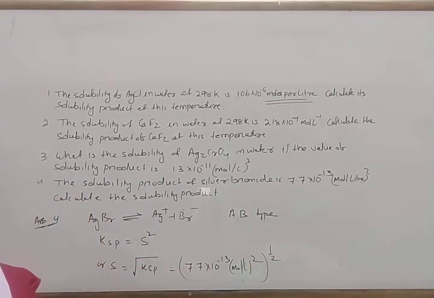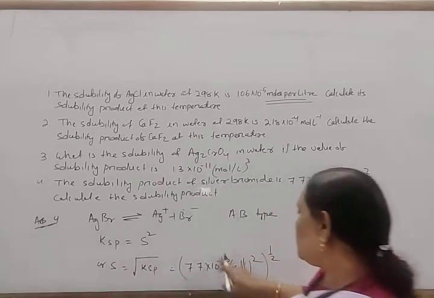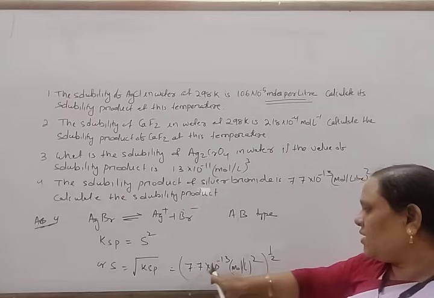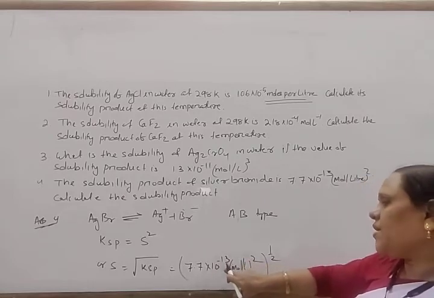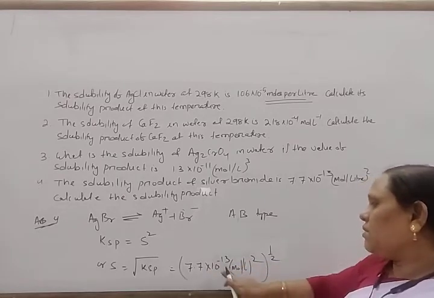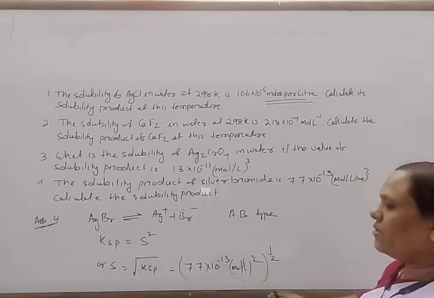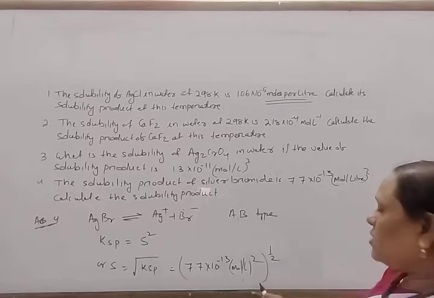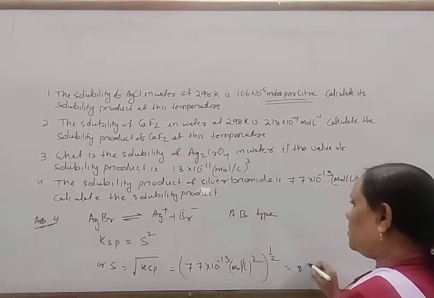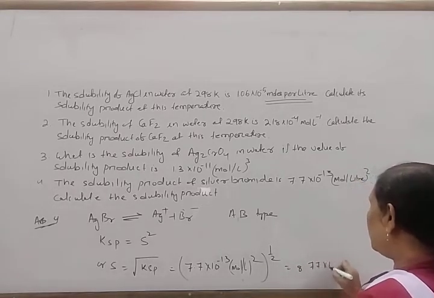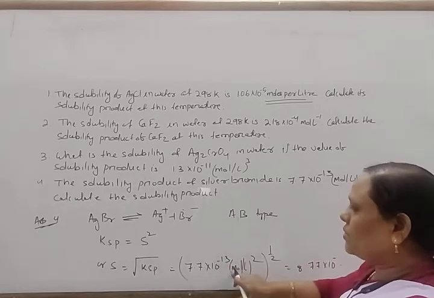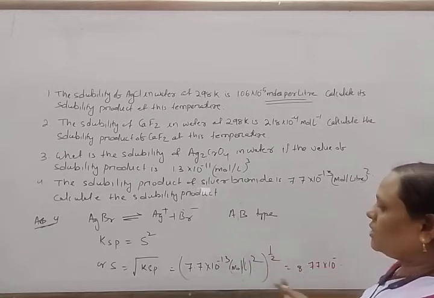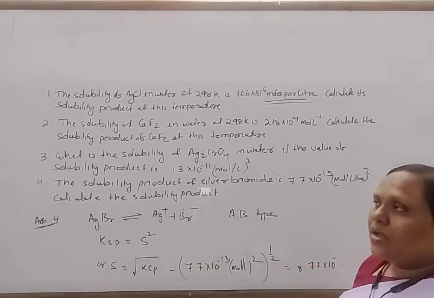To make it easy, first write 7.7 into 10 to the minus 13 as 77 into 10 to the power minus 14. The square root of 10 to the minus 14 is 10 to the minus 7. The square root of 77 is between 8 and 9.